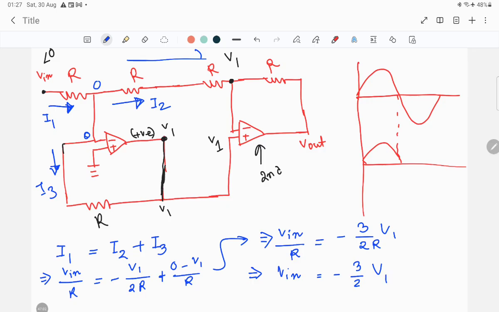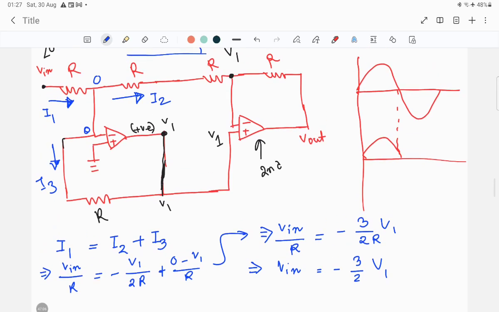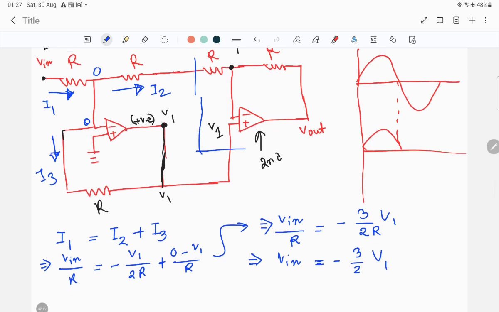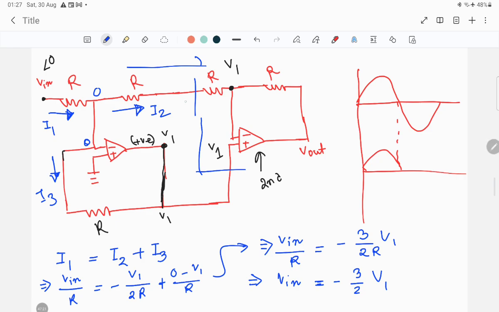Okay, fine. Then for the next half, that means over here up to this much right now. Now in the next half portion, you may say that current I2 is coming over here. Then what should be the current that should flow through this op-amp?